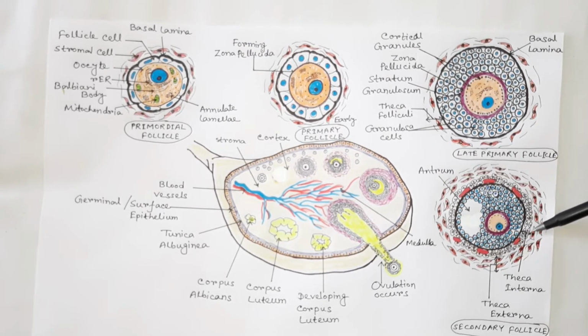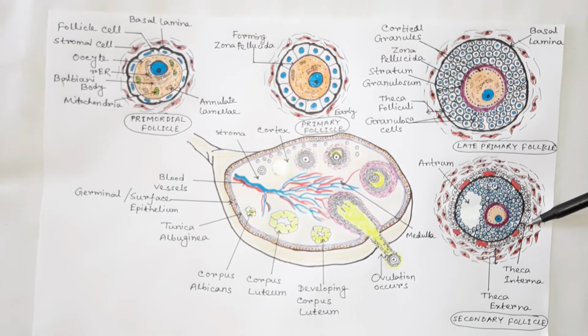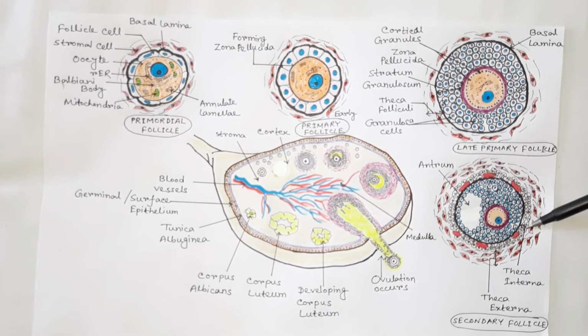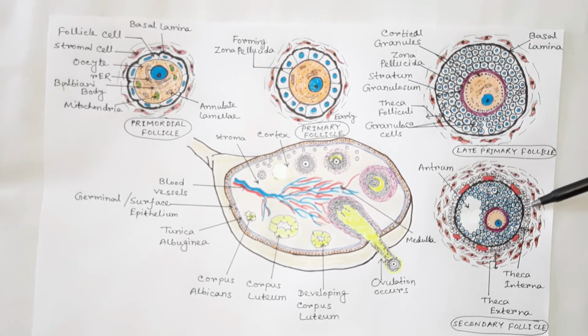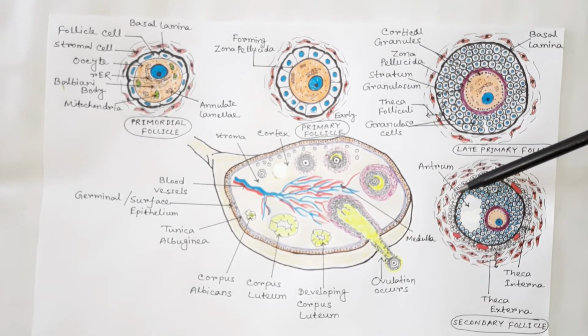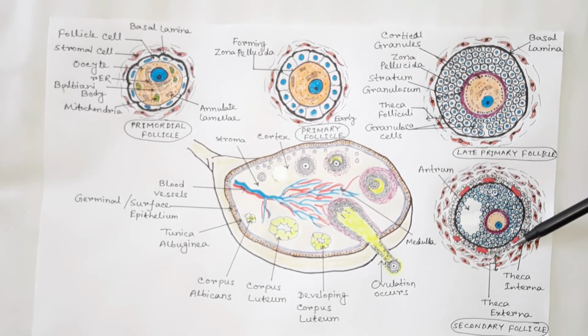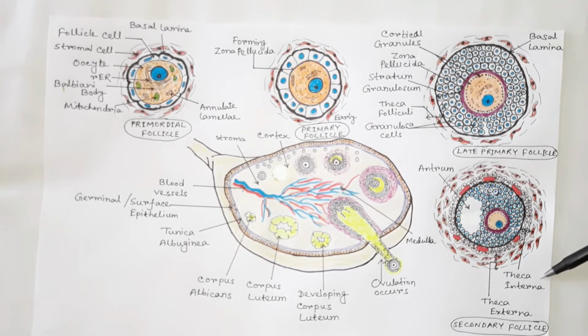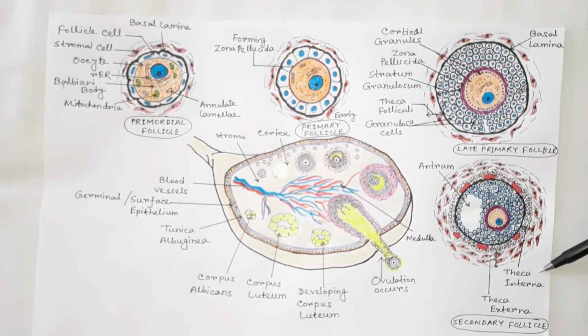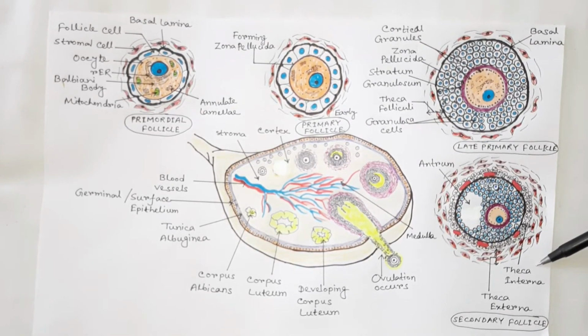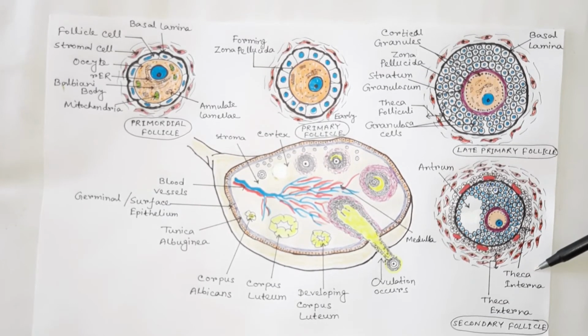This is theca interna. It is the inner, highly vascularized layer of cuboidal secretory cells. In addition to secretory cells, the theca interna contains fibroblasts, collagen bundles, and a rich network of small vessels typical of endocrine organs.